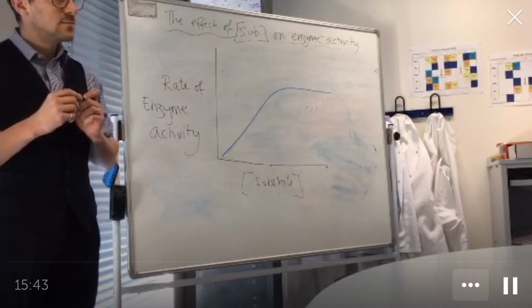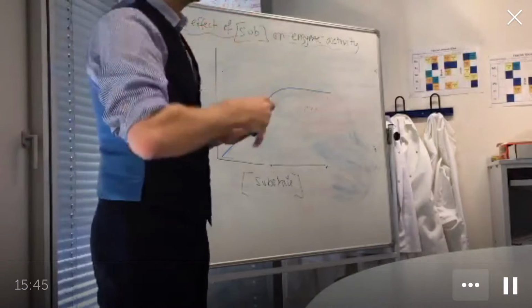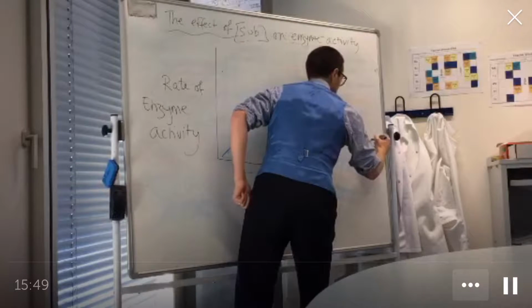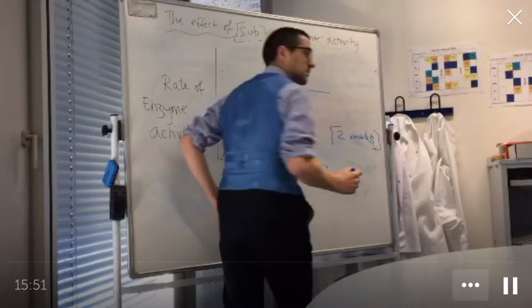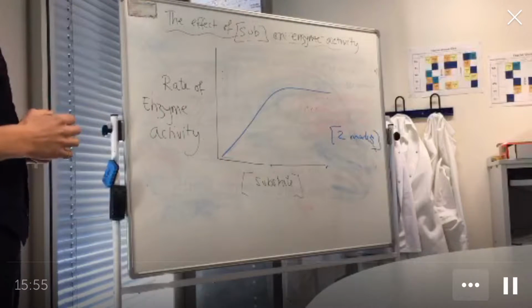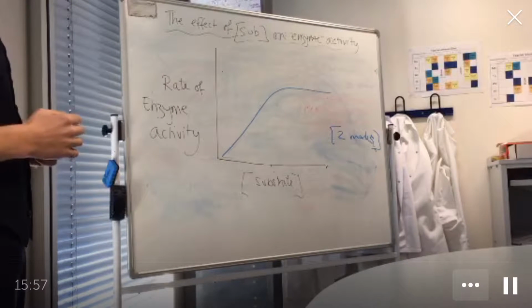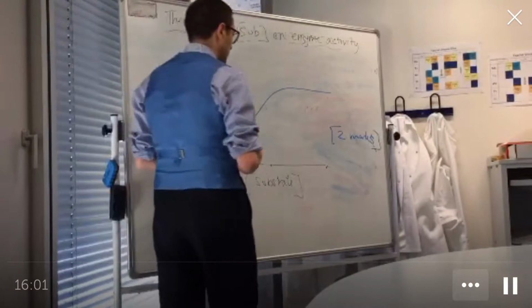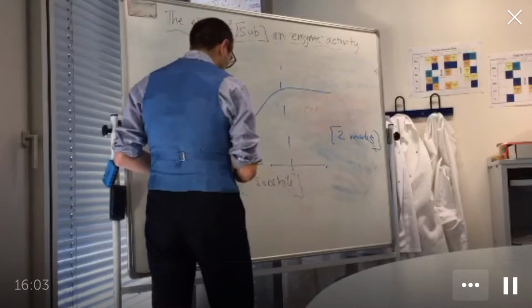As substrate concentration increases, so this is for 2 marks, the rate of enzyme activity will increase until it reaches the optimum, where it plateaus. So 2 marks. Notice the division here.